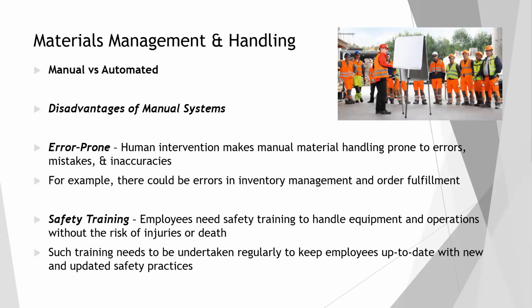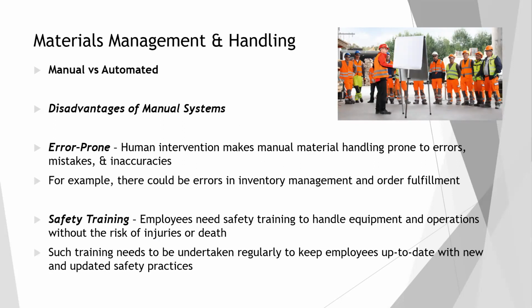So of course, there are always going to be trade-offs. There are going to be disadvantages of manual systems. They are very error prone. The human intervention makes manual material handling prone to errors, mistakes, and inaccuracies. There could be a lot of errors in inventory management and order fulfillment in manual systems. Another disadvantage is the safety training.